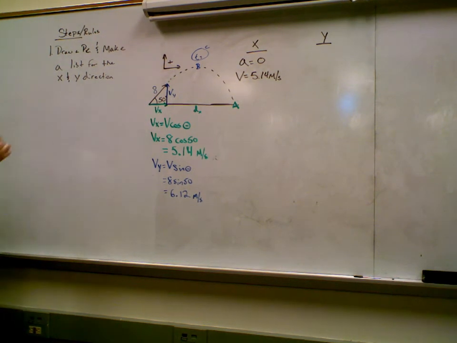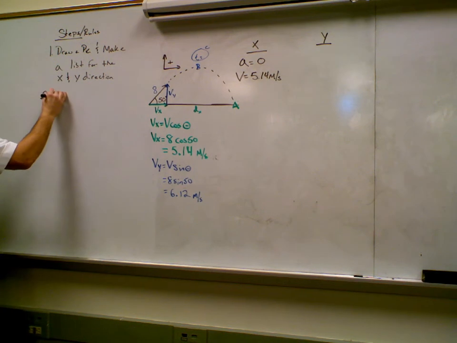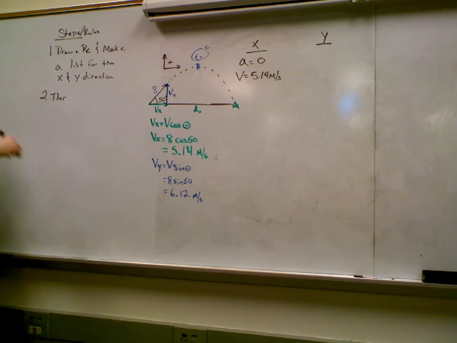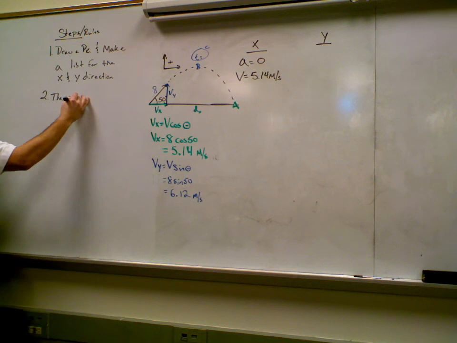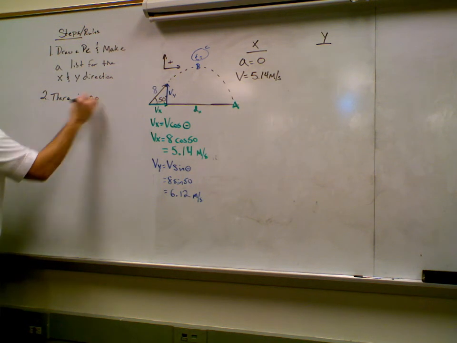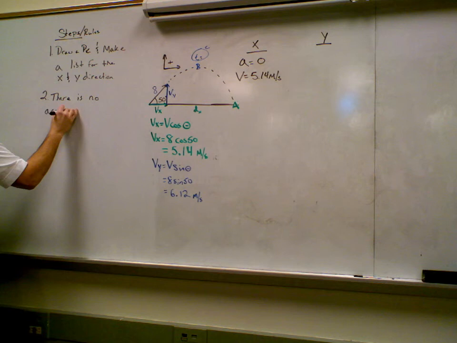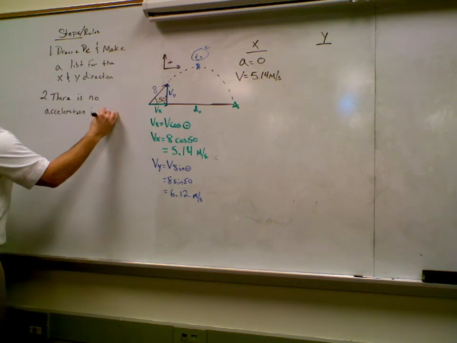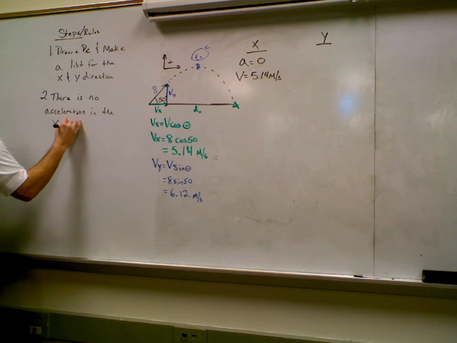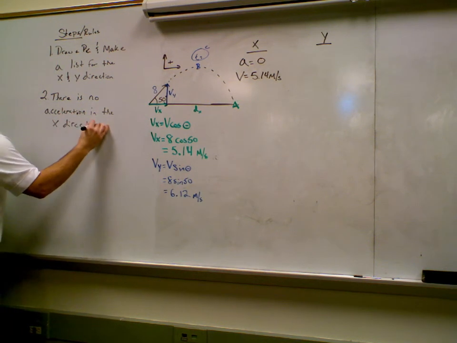That brings us to our first rule. First rule or step. I guess they need to come up with a different title for the steps and rules, just leave a little to the imagination. All right. The second rule or step is there is no acceleration in the x direction.